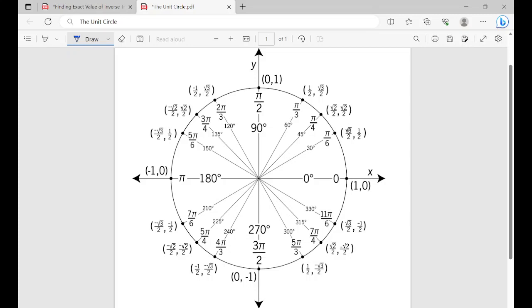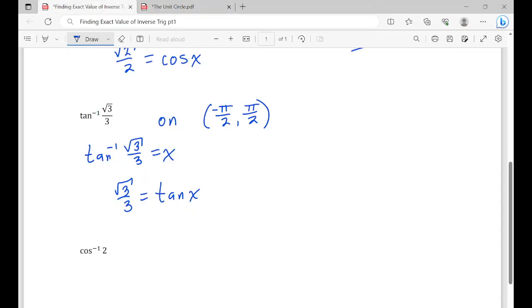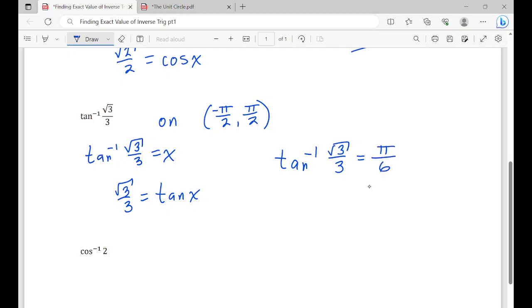So 1/2 over root 3 over 2, when you work it out, would end up being root 3 over 3. So I know that arctangent of root 3 over 3 is pi over 6.